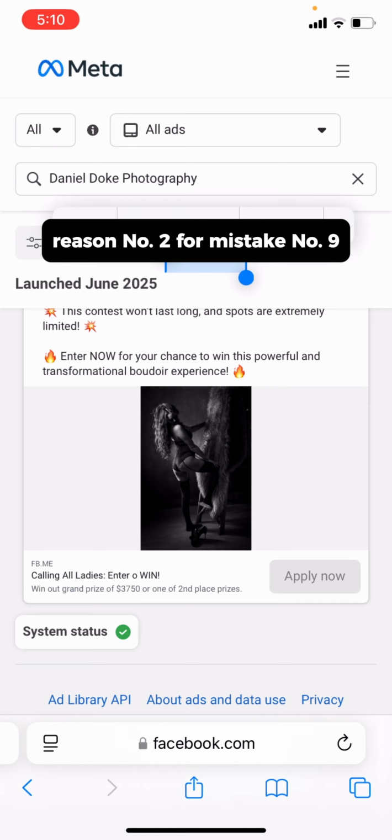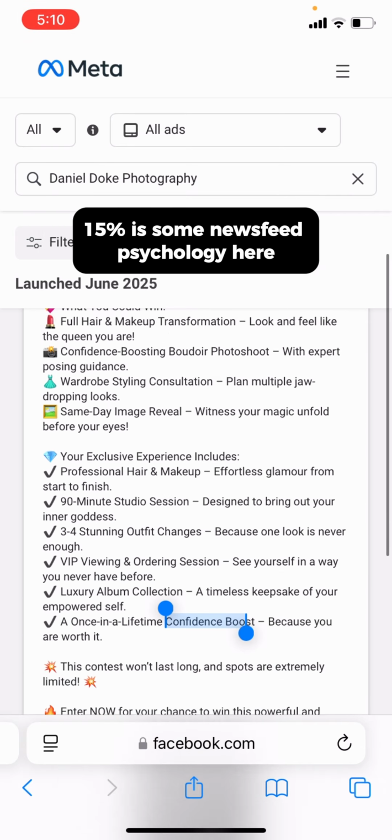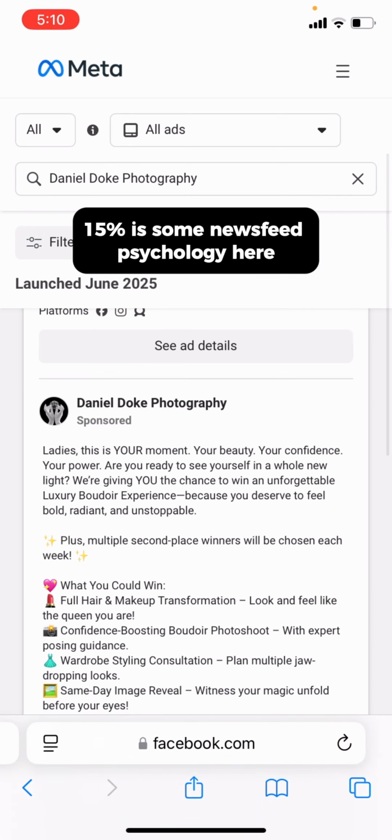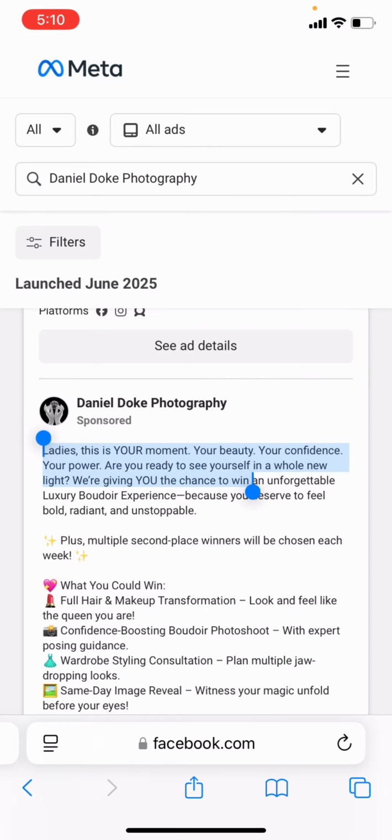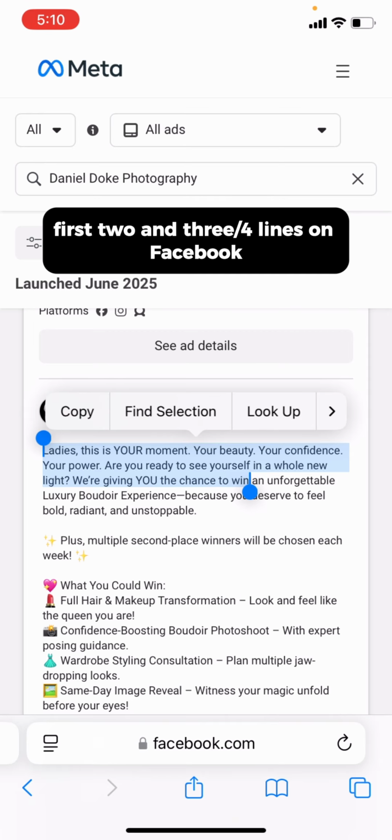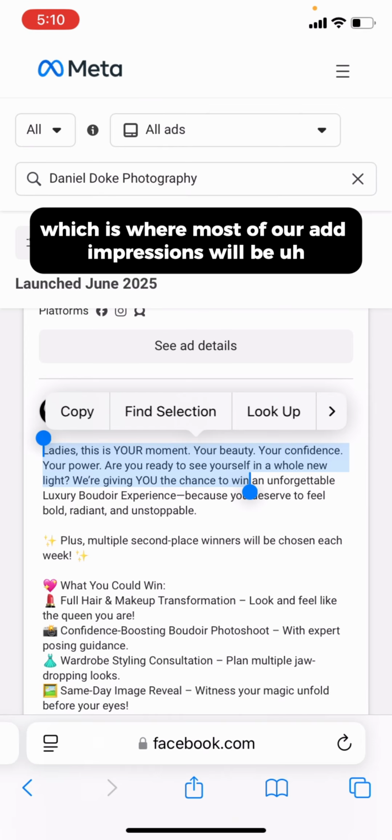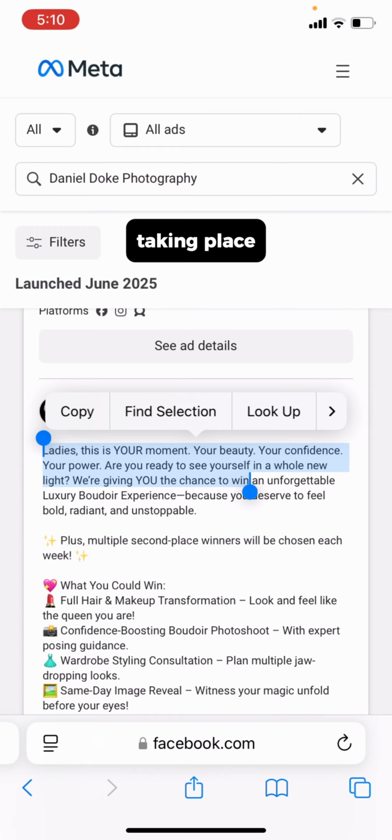Reason number 2 for mistake number 9, 15%, is some newsfeed psychology here. When women are scrolling, seeing this see more headline, the first 2 3/4 lines on Facebook and mobile newsfeed, which is where most of our ad impressions will be taking place.